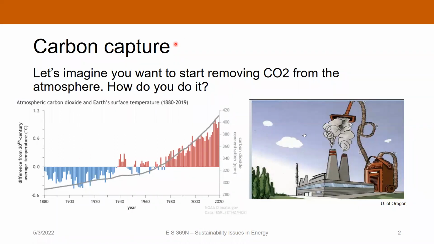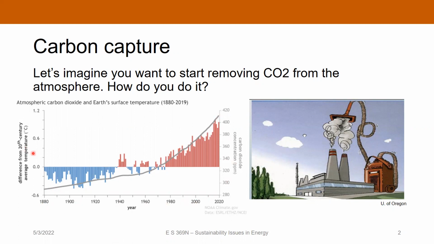So the general idea behind carbon capture is that let's imagine that you want to start trying to remove carbon dioxide from the atmosphere. So here on the left, again, we've seen a similar plot before. This is a plot of carbon dioxide concentration in the atmosphere in parts per million. That's what this gray line is. We've got time here on the x-axis.